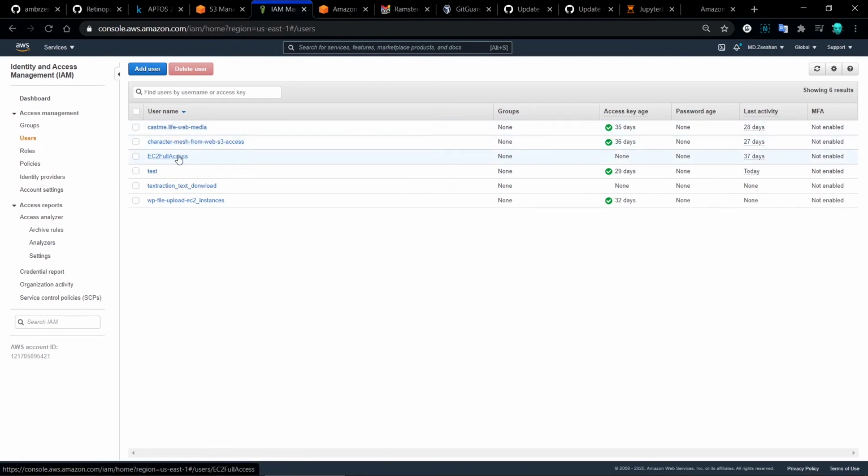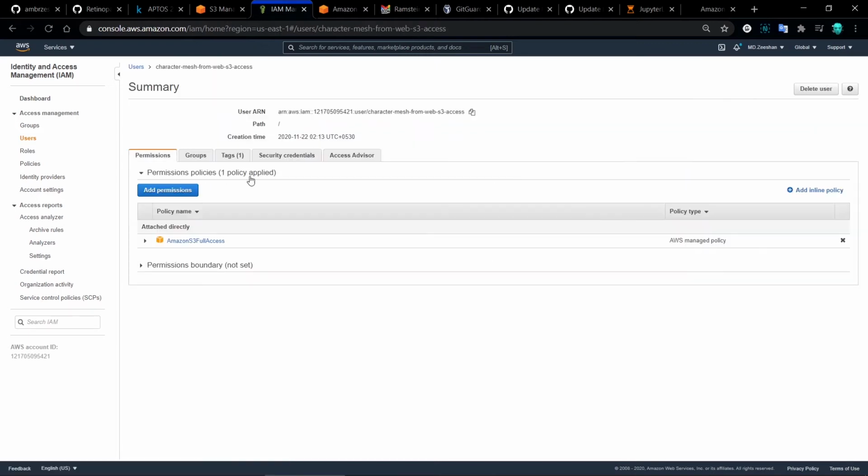Where we copied it from? We have copied it from the character mesh from web S3 access. I don't think so. Text section, text download, test. I think I have assigned the character mesh from web S3 access. This one was something, and I cannot just remove these users.